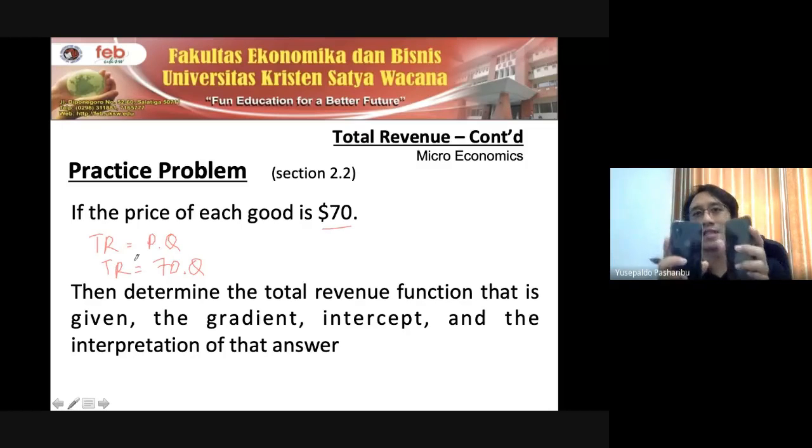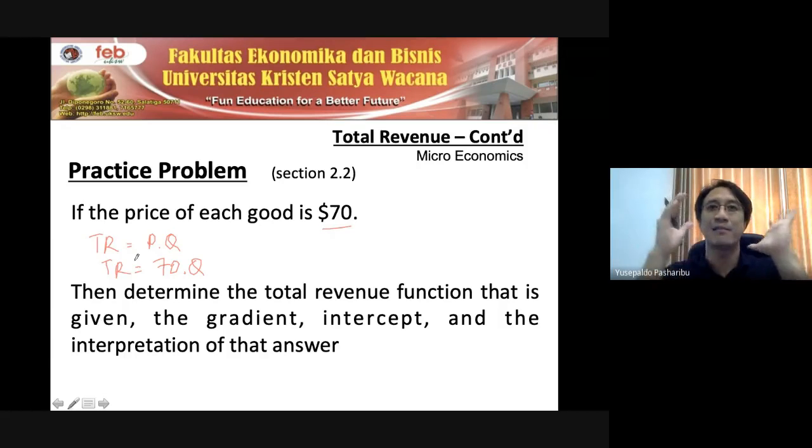But if I sell 2 of them, we can easily calculate by multiplying the price 10 million times 2. So I get a total revenue of 20 million rupiah. That's the easiest example. So total revenue is price times quantity.